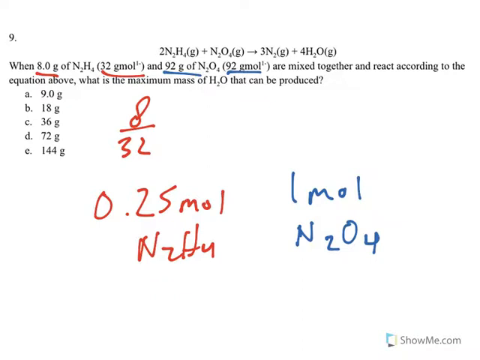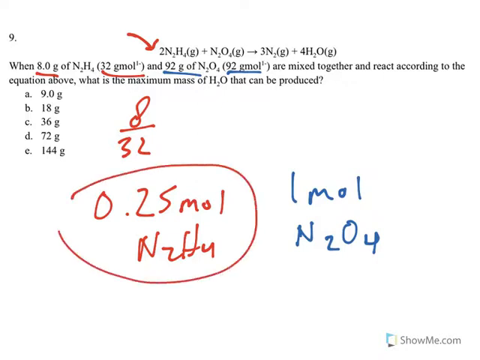We have to determine what's our limiting reactant. You can see that the N2H4 is being consumed twice as quickly. So we're definitely going to run out of N2H4 first. But this is a little bit tricky here.